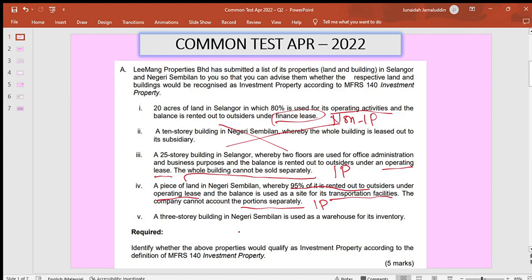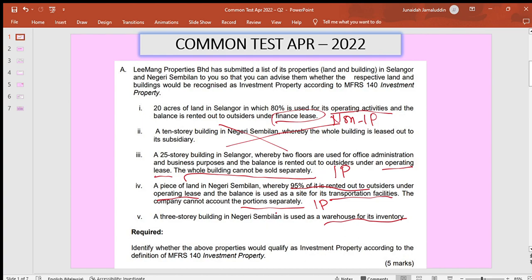And let's check out property number 5. A 3-story building in Negeri Sembilan is used as a warehouse for its inventory. So this building is used as a warehouse. A warehouse is something that is related to business operation, right? It is also related to provision of services.